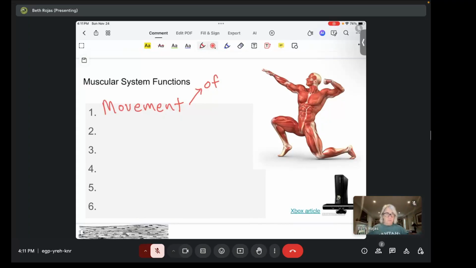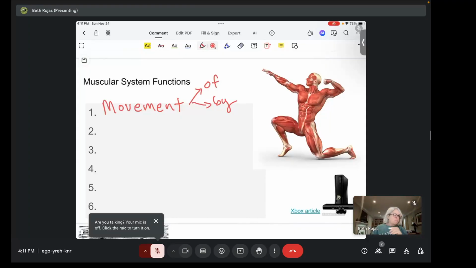So making actual movement, or movement by muscles. You could also have the intestines squeezing and having food pass through, so it kind of depends on which muscle you're talking about. Another example would be the heart, contracting with the blood passing through it, right?